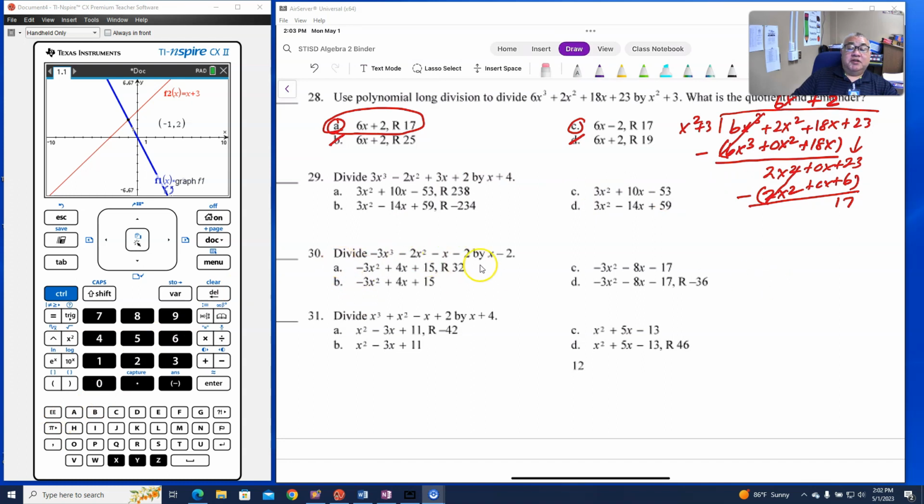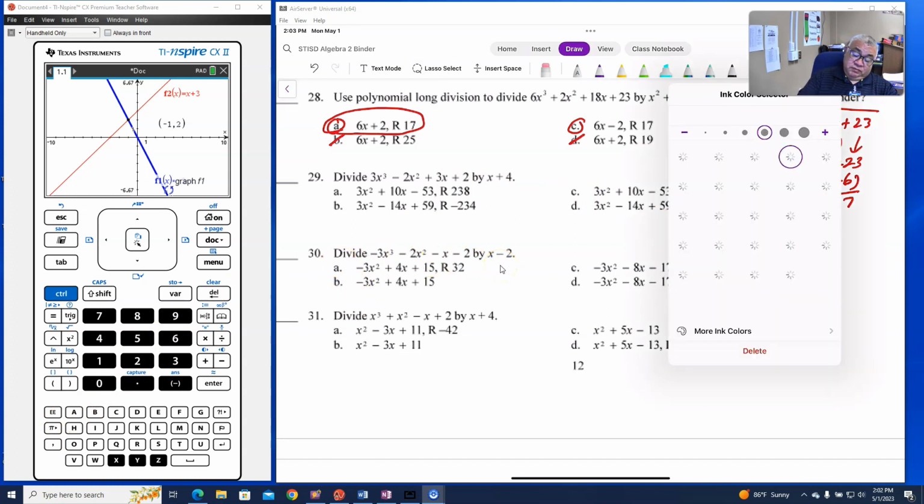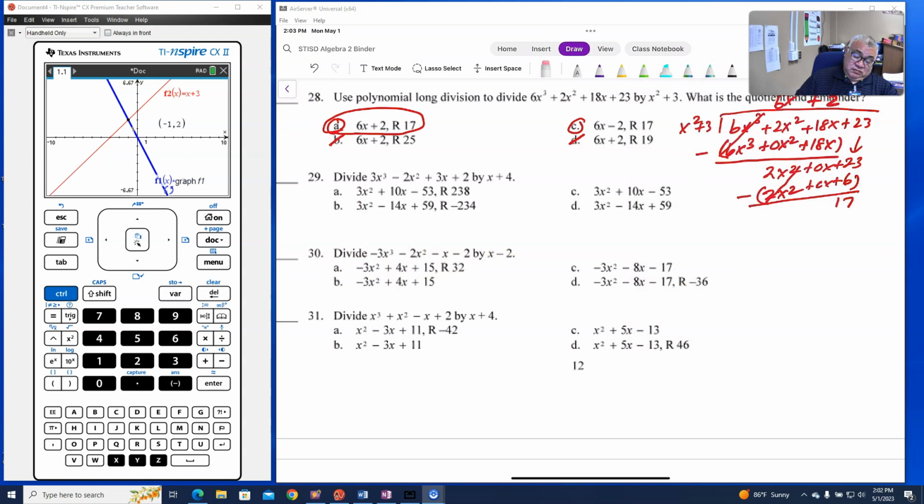For 30, I'm going to use synthetic division. So I write on the side x minus 2 equals 0, so x equals 2. And then I list the coefficients: -3, -2, -1, and -2.